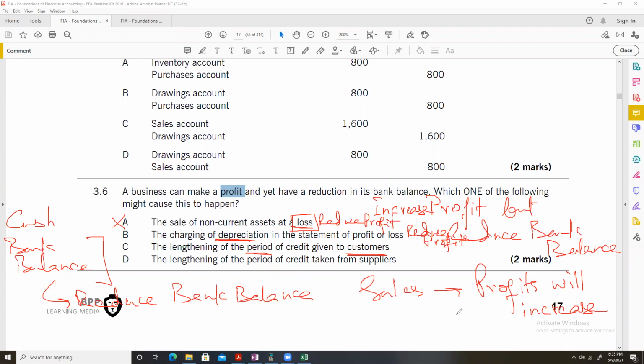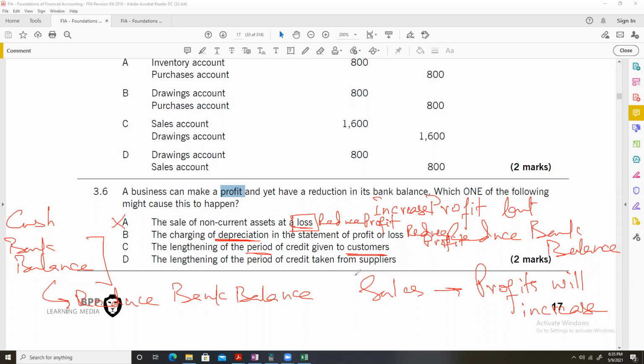Because when we make sales, we get profit on sales. Even if the sale is on credit basis, we are not getting cash for the sales right away. Although we will receive checks or cash at later dates, we will record sales in our books of accounts.